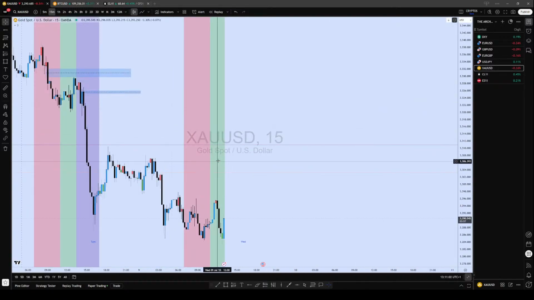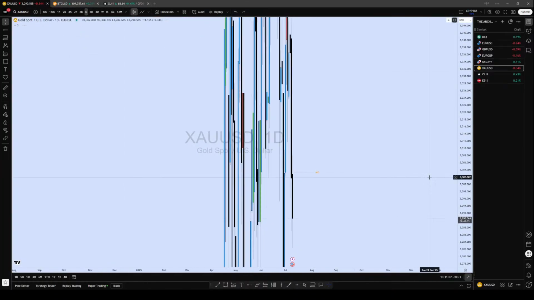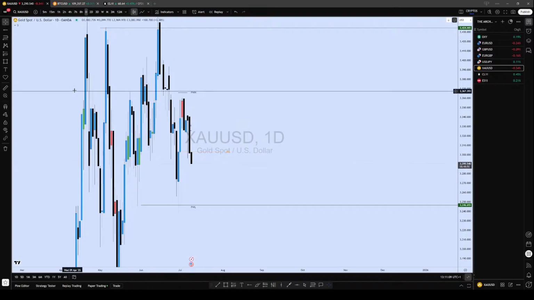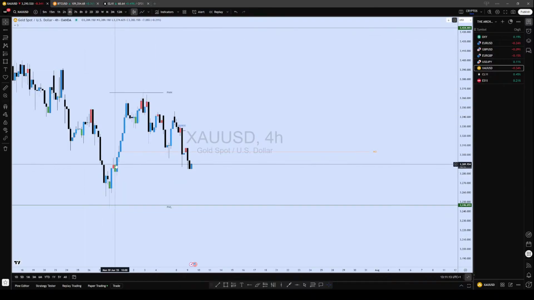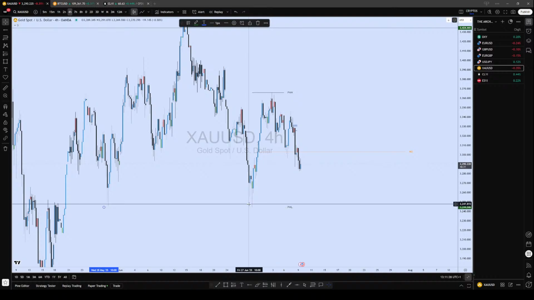Gold. So I think gold has reached for now what I deem as a target for this week, that was right in here. Now it can continue going to attack this low, because ultimately that is where it needs to go. It needs to go and attack June's low. Okay, so that's where it's going.